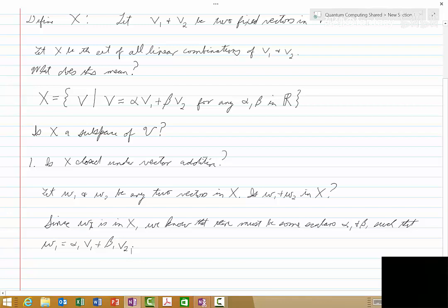Okay? So W1 is equal to alpha 1 V1 plus beta 1 V2.